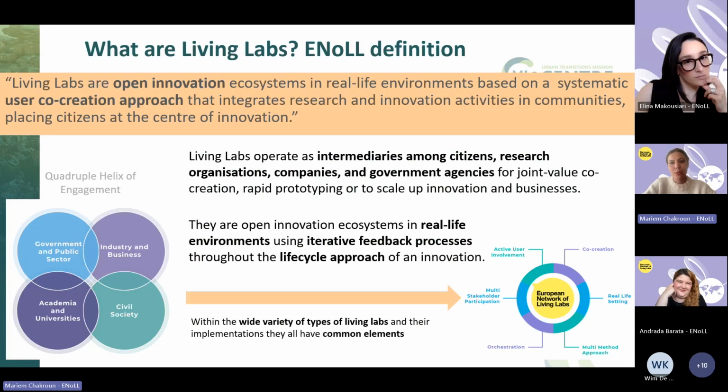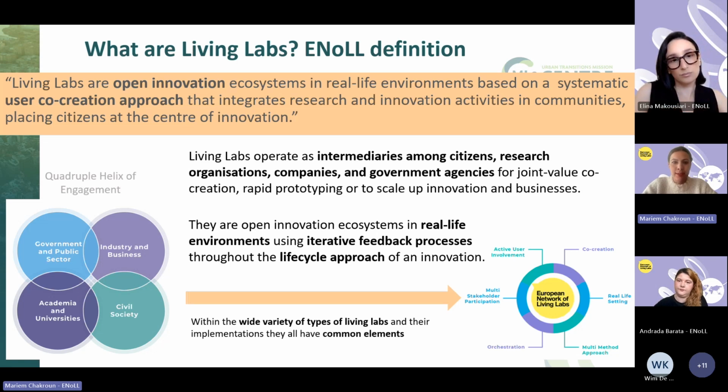If we look at the part about users and the co-creation approach, what do we mean by these users? What we can see at the left side of this slide is the quadruple helix. So we are looking at citizens, government and public sector, industry and business, civil society and academia. They are representing the quadruple helix. We should have them engaged if we talk about proper living labs.